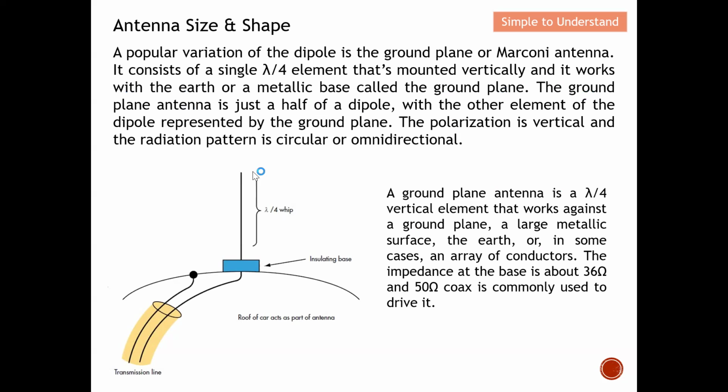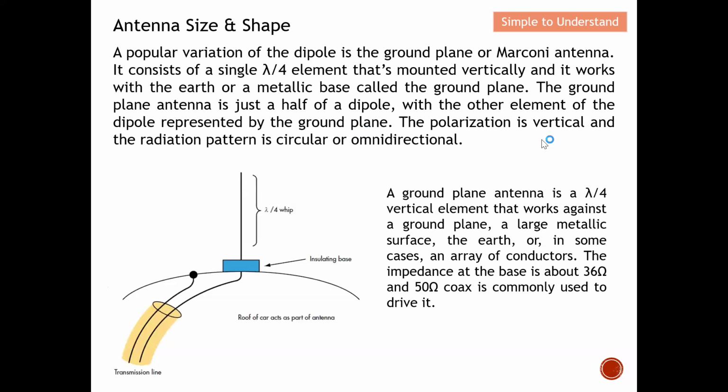Earlier I mentioned that the dipole is half of a wavelength, but for the ground plane we just need a quarter wavelength over here. So the ground plane antenna is just half of a dipole, with the other element of the dipole represented by the ground plane.